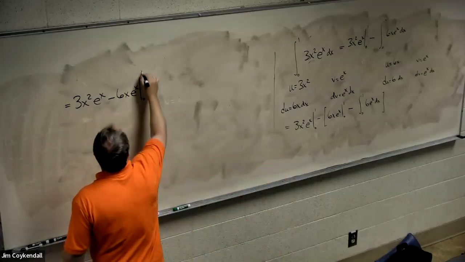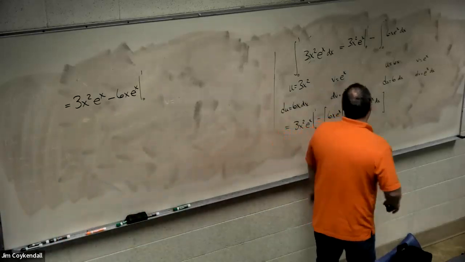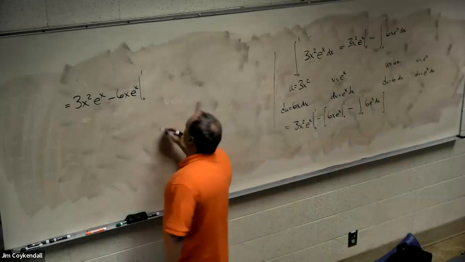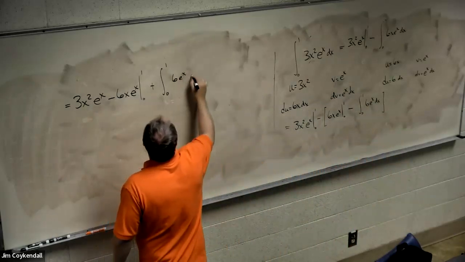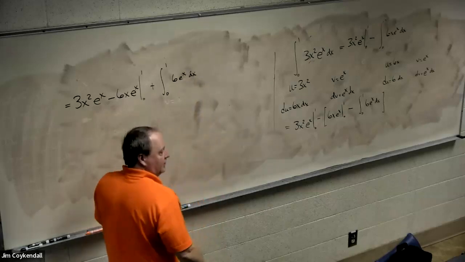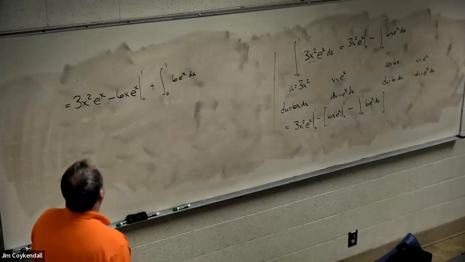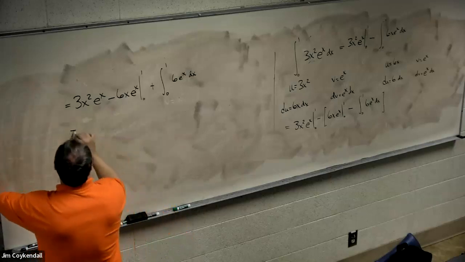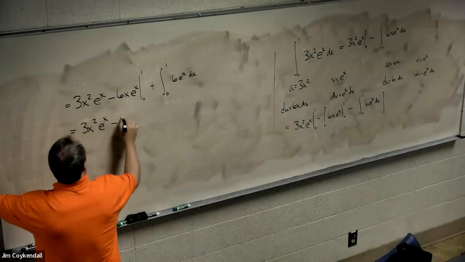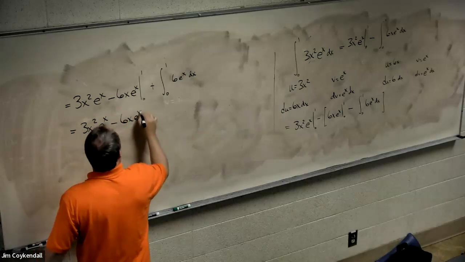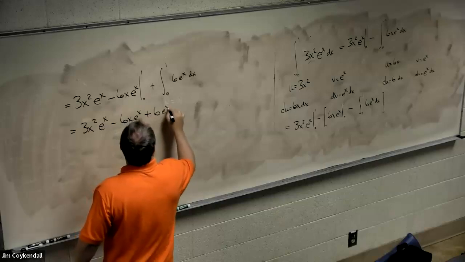Evaluated from 0 to 1. And minus minus, so it's going to be plus 6e^x. One more step: with that last antiderivative, plug in the numbers.